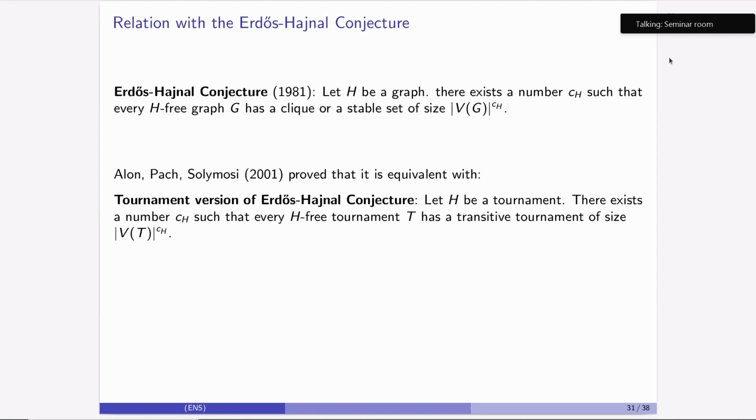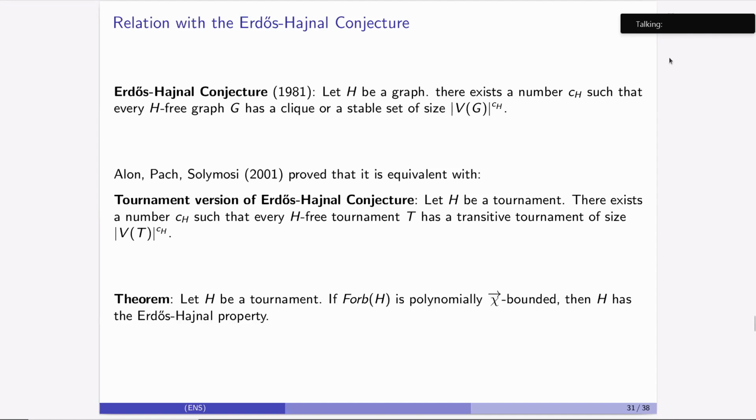And this is equivalent. And we could prove that, but it did not come as a surprise, that if H is a tournament, and the class of H-free tournaments is polynomially chi-bounded, then H has the Erdős-Hajnal property.